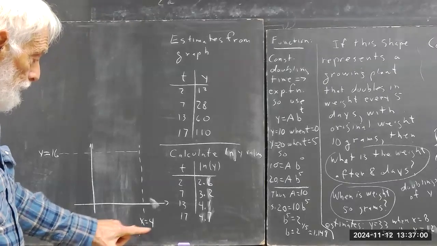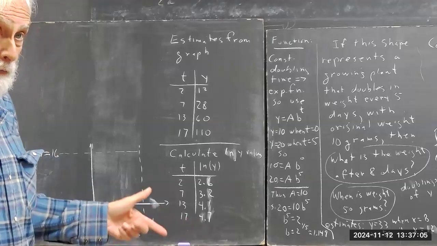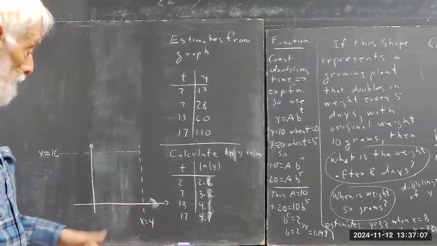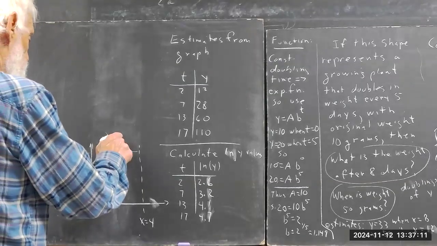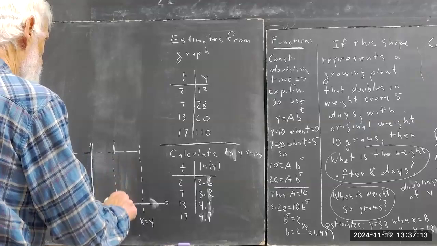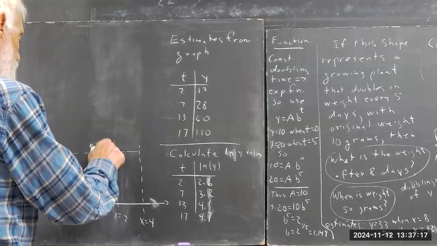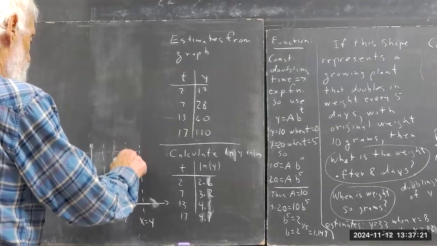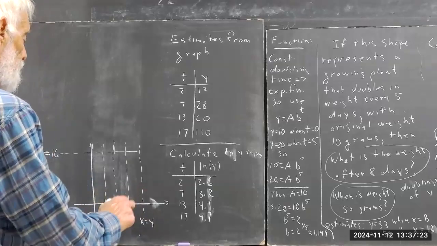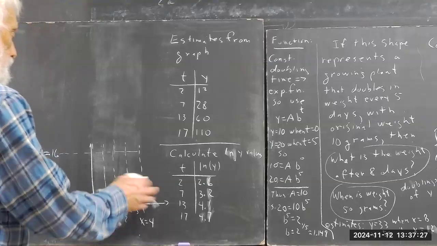I use 4 here because things go up to almost 5. If I know where 4 is, I can figure out pretty well where 5 is. So having 16 here and 4 here, I just cut this rectangle in half and I've got x equals 2. Cut in half here, and that gives me x equals 1. I cut this part of the rectangle in half, and it's not all that accurate.